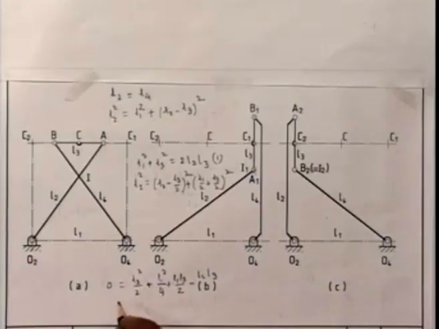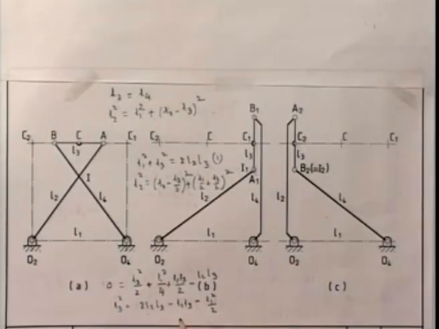So we get L3 squared is, goes to this side, 2 L2 L3 minus L1 L3 minus L1 squared by 2.